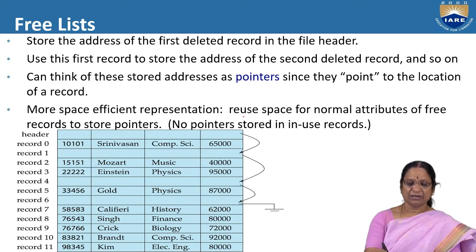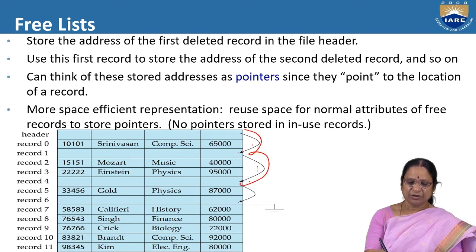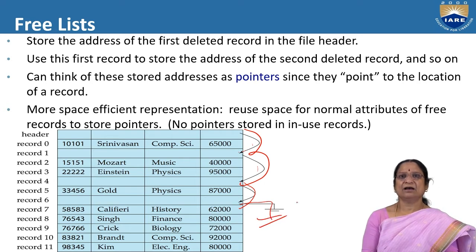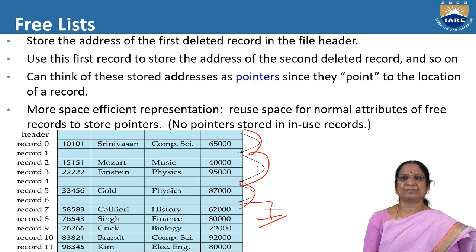Free space is an efficient representation which can be reused, using the normal attributes of free records to store pointers. Now you observe, first record deleted, it is in the header, and record 1 deleted, a pointer points to this. Next record 4 deleted, then the pointer points to the fourth record, and so on and so forth. Once the deletion is over, the last record points to null. That means after that no free space is there.